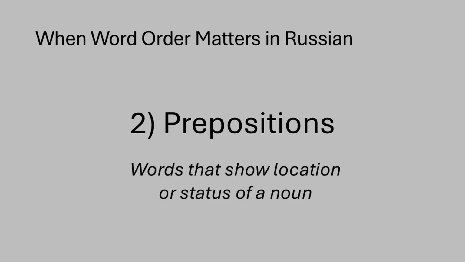The second, prepositions. These are words that show location or a status of something. These are words like over, under, at, about, even.